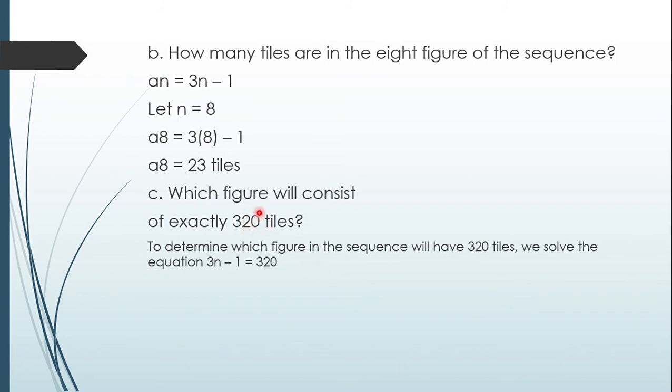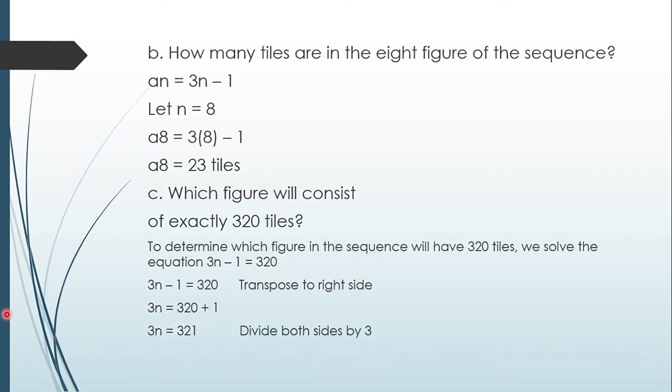Dito. Then, i-substitute mo dito. Then, i-transpose to the right side si negative 1. I-transpose to 3n equals 320 plus 1. Bakit naging plus 1? Once na i-transpose mo, magiging positive. Then, 3n is equal to 321. And divide both sides by 3.